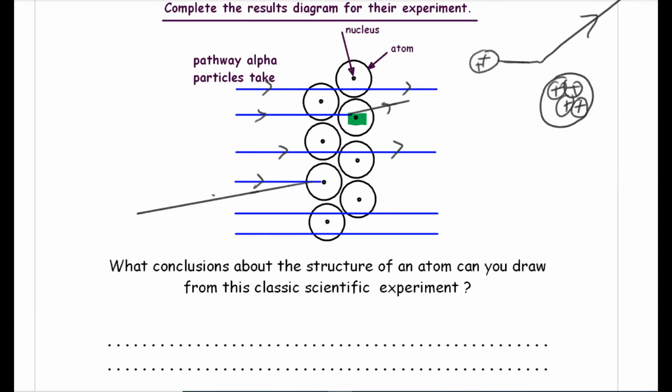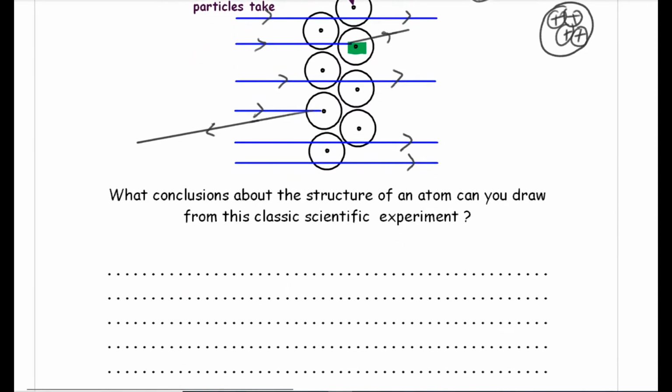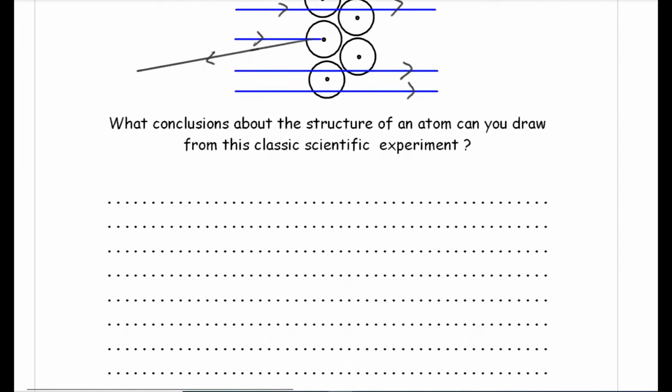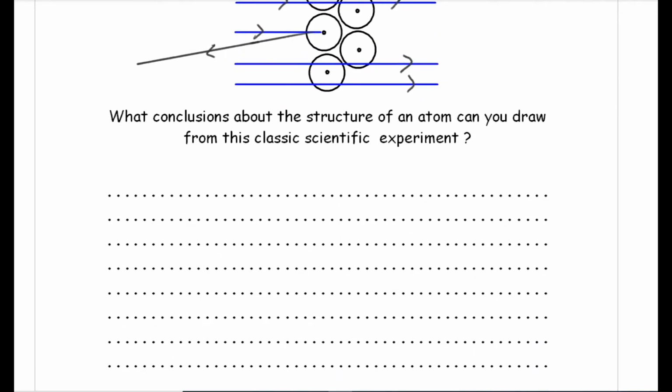Like this alpha particle here, it has deflected back away from the gold foil because it's hit the nucleus directly, and that one's gone through and that one's gone through. The conclusions underneath. What conclusions about the structure of an atom can you draw? 2 things.